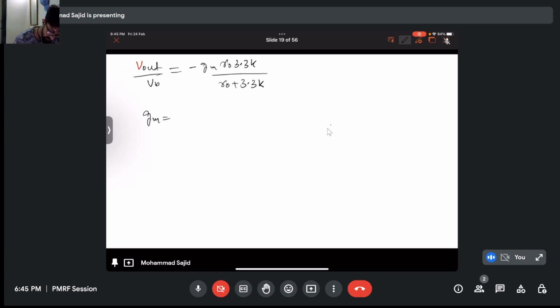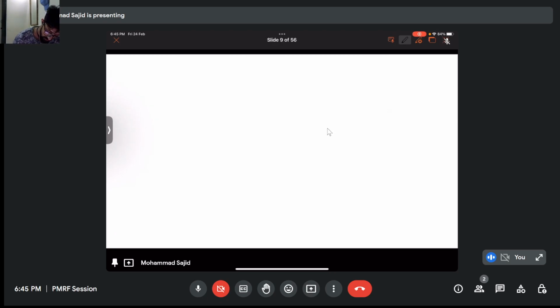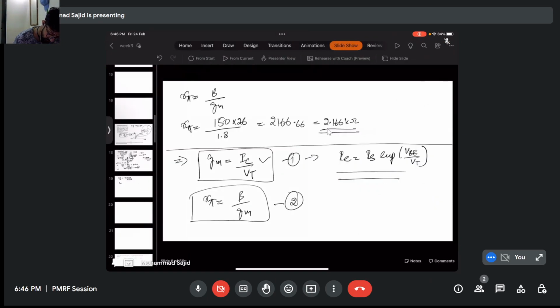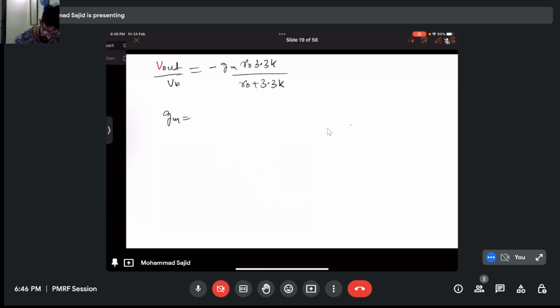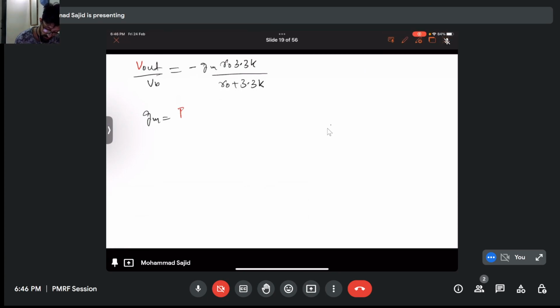From the definition we saw here, GM is IC by VT.